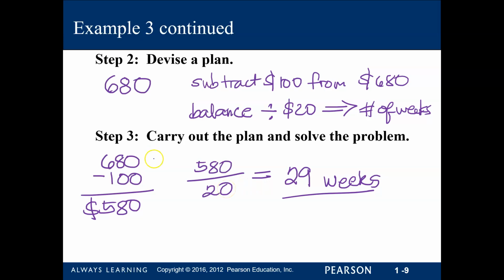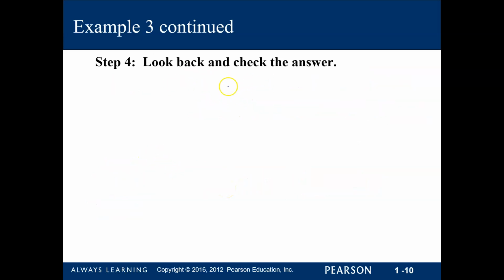So the final step would be to check. Okay, we check the answer. According to the problem, we are paying $20 every week. This is the weekly payment. And how many weeks did we make the payment? We made a payment of 29 weeks all in all.